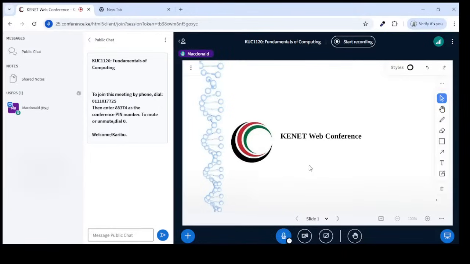I remember lecturers saying that they were using vacuum tubes as the processor. They were using punch cards as input. They were very big in size. They consumed a lot of electricity.